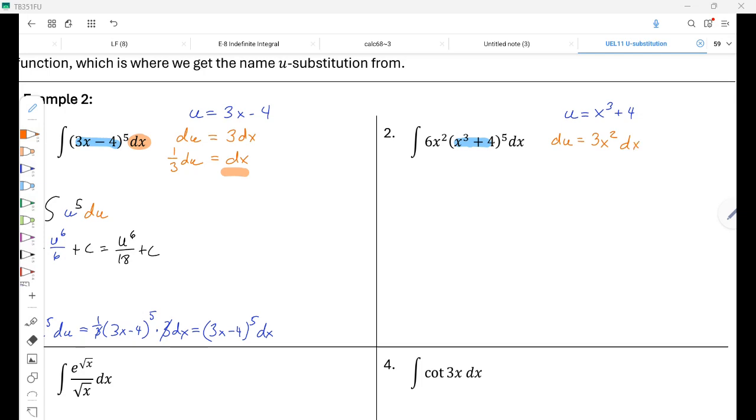But we don't have 3x squared dx. We have 6x squared. So we want to take this line and make the right-hand side say 6x squared dx. So we're going to multiply by 2. A lot of times, this whole process is just to get the coefficient right. So that tells us that 2 du equals 6x squared dx.